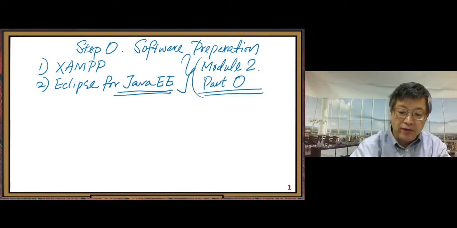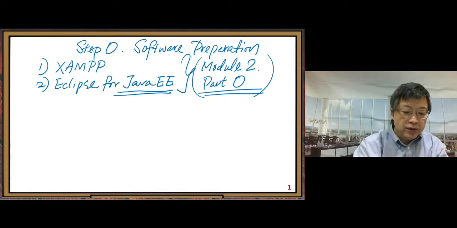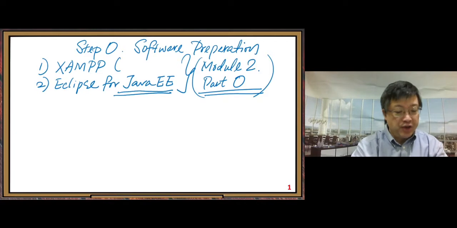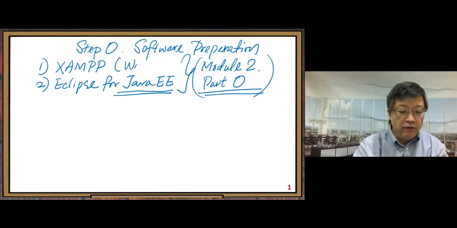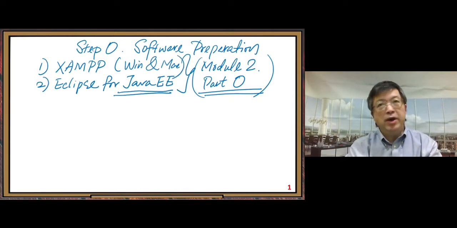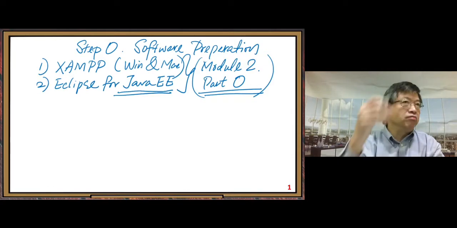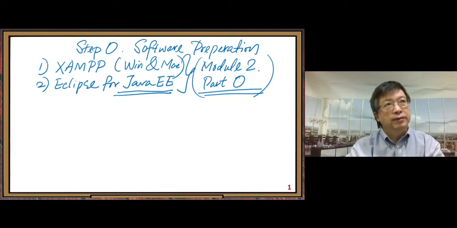That place has the tutorials. There are 2 versions for XAMPP, a Windows version and a Mac version, because I notice many students use Mac, so I also created a Mac version. Then for Eclipse, just one version.